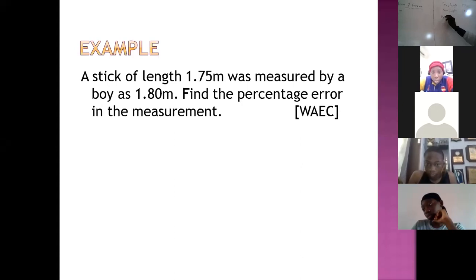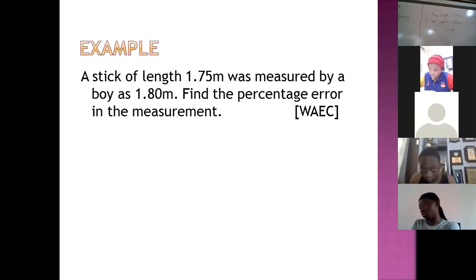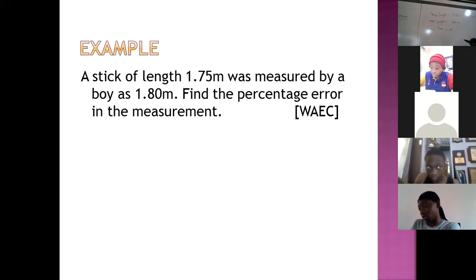So to get the error, we need the new length minus the true length. But one thing I want you to know is that you have the true length first, because that is what is known, minus the new length.